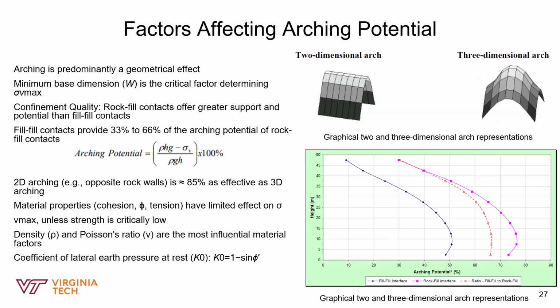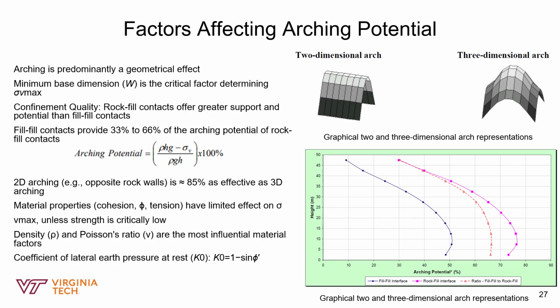On this slide, we want to look at what controls how strong an arch can be. The most important takeaway here is that arching is predominantly a geometrical effect rather than a material one. The critical factor that determines the maximum stress isn't the strength of the cement, but the minimum base width, which is the minimum base dimension, W. To make things shorter, narrower stopes arch better than wider stopes.